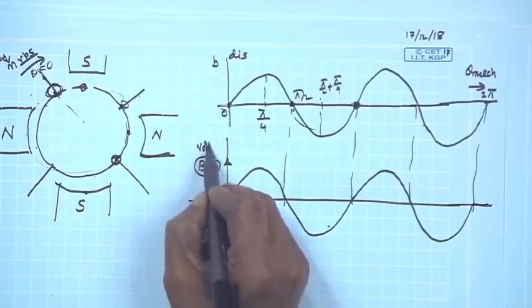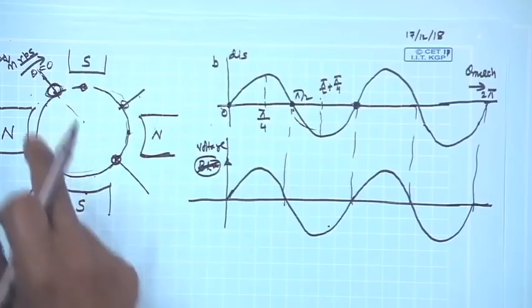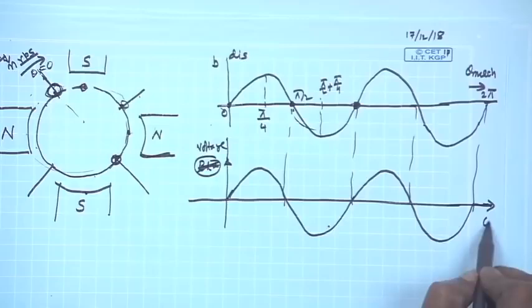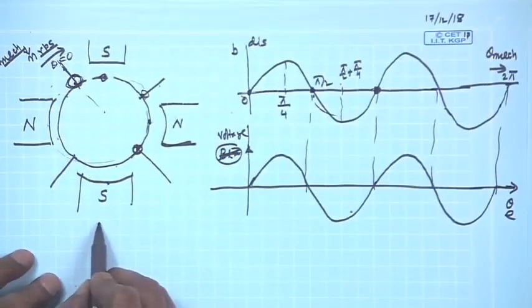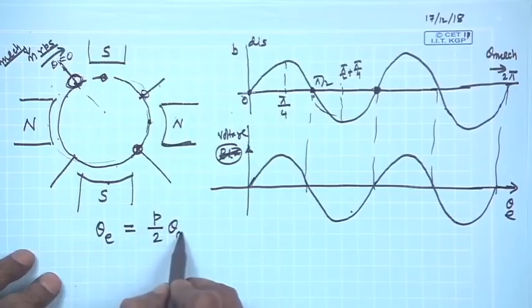Voltage, do not write VLV now. So, this is the voltage of a single conductor, and this angle is theta electrical. Therefore, we can easily see theta electrical will be p by 2 theta mechanical.